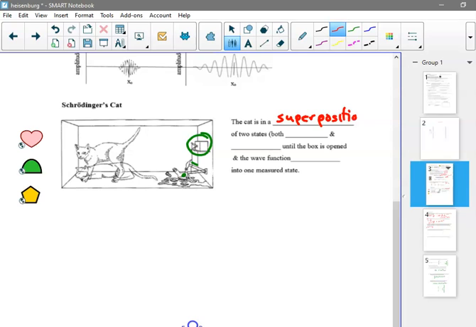Superposition is a fancy way of saying a bunch of different wave possibilities superimposed over each other. It's almost like an interference effect. It's in a superposition of two states, both dead and alive. Notice I didn't say or, I said and. So until you observe it, the equations that describe its probability of being one or the other mean it's both at the same time.